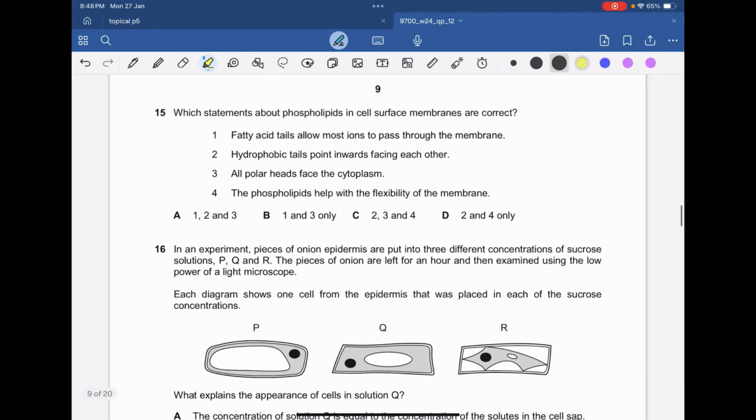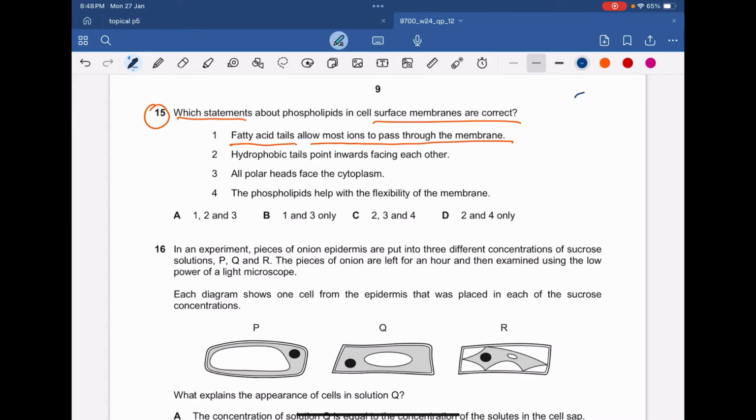Now let's move on to question number 15 over here. Question number 15 says, which statement about phospholipids in cell surface membranes are correct? Statement 1 says that fatty acid tails allow most ions to pass through the membrane.